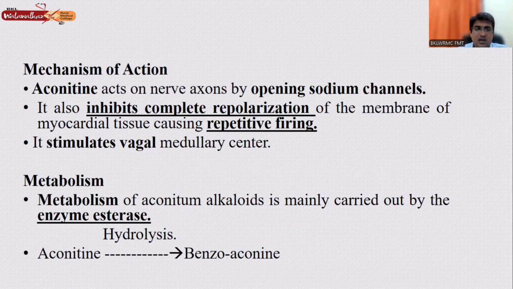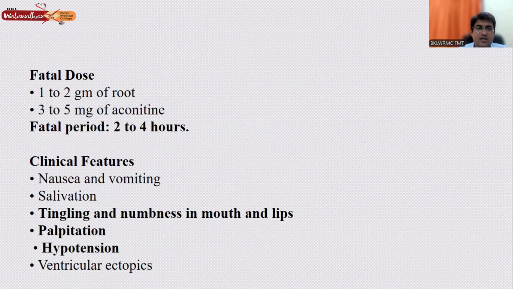Metabolism: aconitine is hydrolyzed to benzoylaconine with the help of the enzyme esterase. Fatal dose: 1 to 2 gram of root and 3 to 5 gram of aconitine is fatal. Fatal period: 2 to 4 hours is the fatal period of this aconite plant.